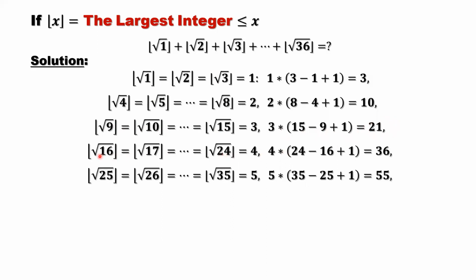So from here to here, all numbers are equal to 4. 4 times how many items? 24 minus 16 plus 1. That's 9. So here, that's 36. Now here, that's 35 minus 25 plus 1. That's 11. 11 times 5, because all items equal 5.